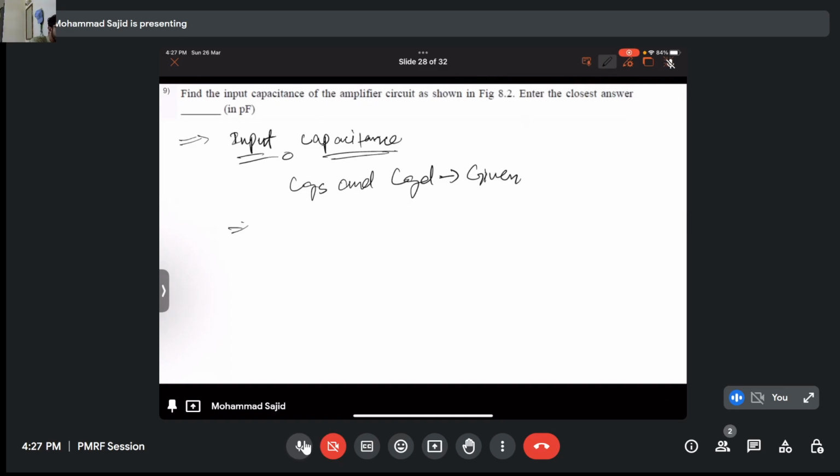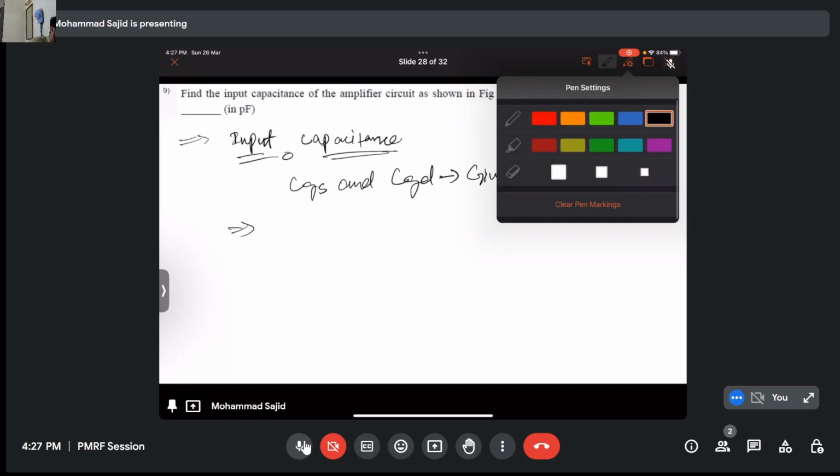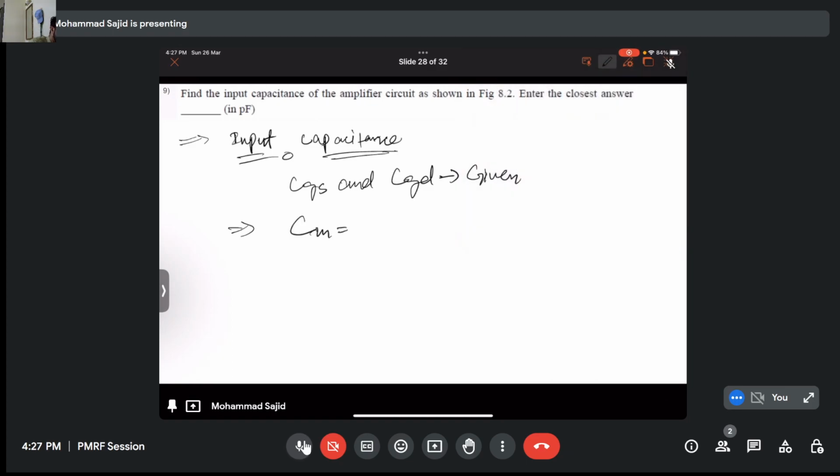So my input capacitance will be C input equals CGS plus CGD times 1 minus gain, right?